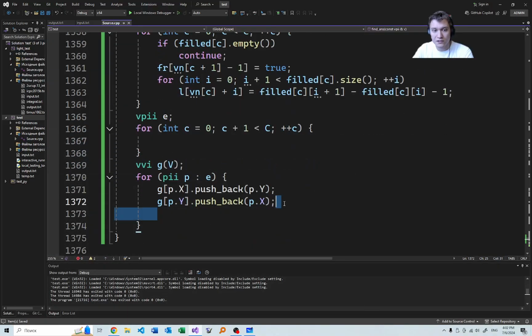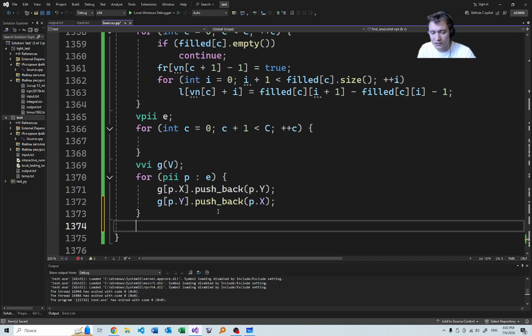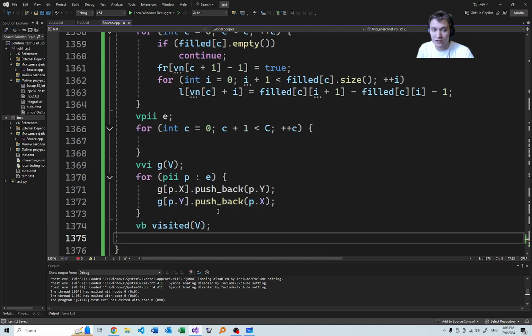And then I need to run DFS. What do I need to do actually? Okay, so let's say visited of size v, which is initially false.